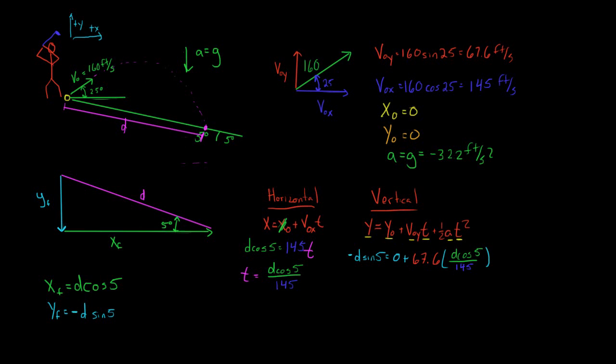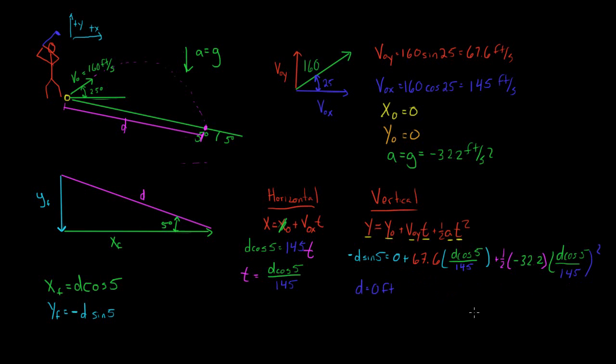Then we have our acceleration term, plus 1/2 times negative 32.2 times time squared, and we substitute the term in again, so we get d cosine of 5 divided by 145 squared.